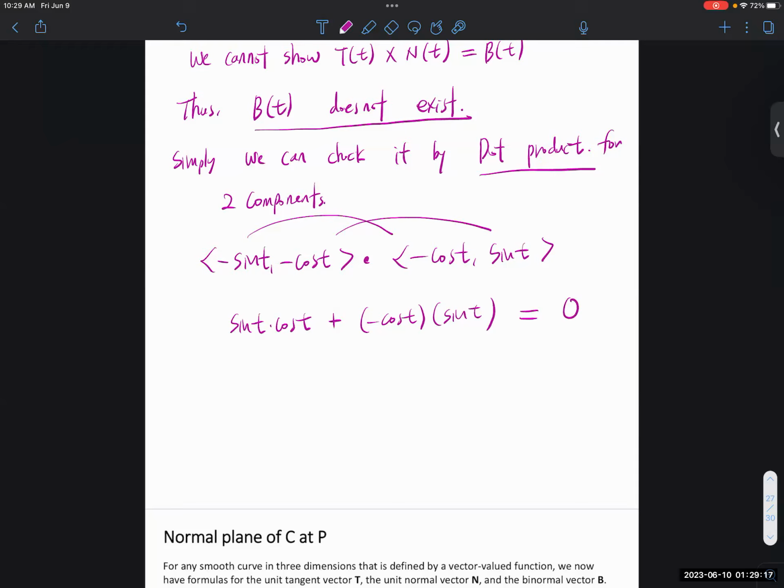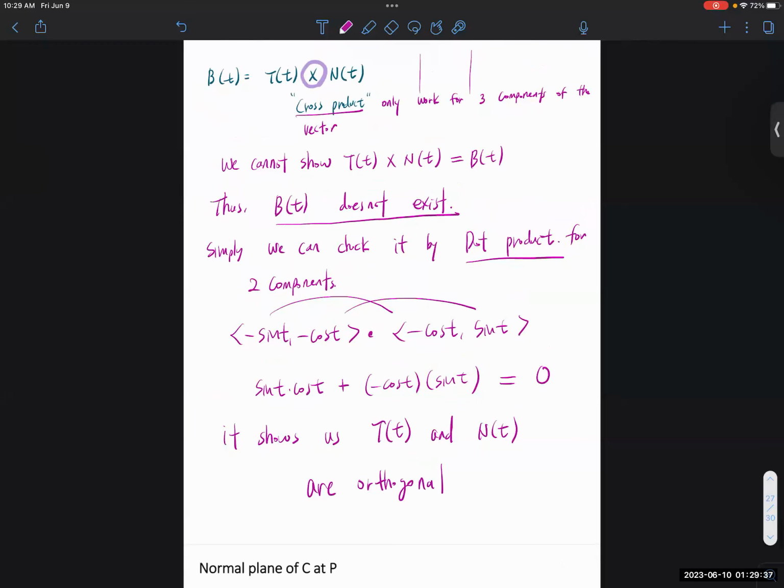So what does it mean? It shows us that the unit tangent vector and the unit normal vector are orthogonal, still orthogonal, even though we cannot find the binormal unit vector. 0 means orthogonal, perpendicular.